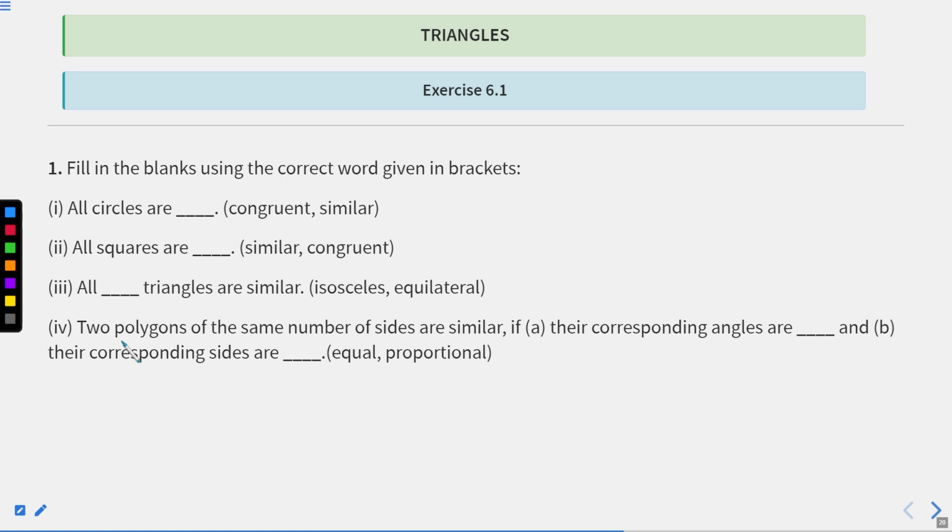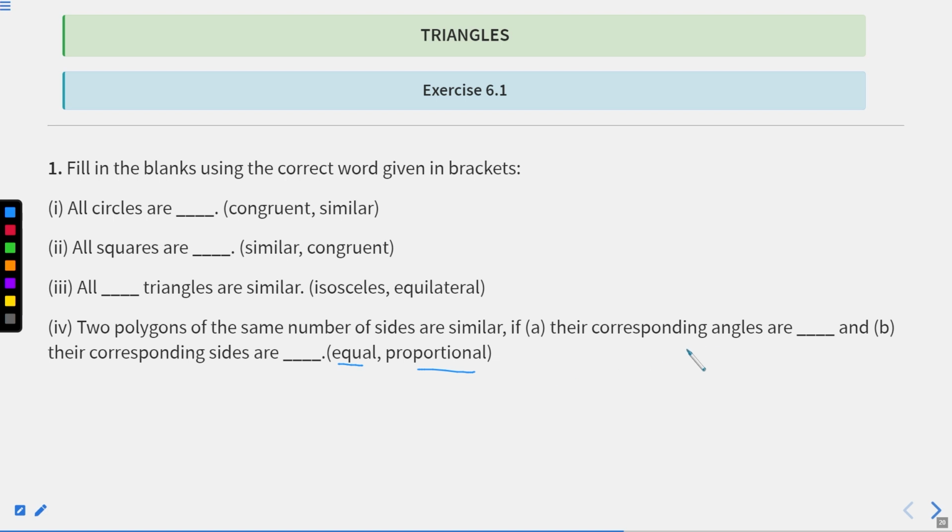And in the fourth, two polygons of the same number of sides are similar if, number A, their corresponding angles are the same, and number B, their corresponding sides are proportional, not equal, proportional.